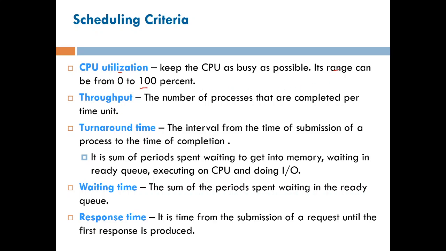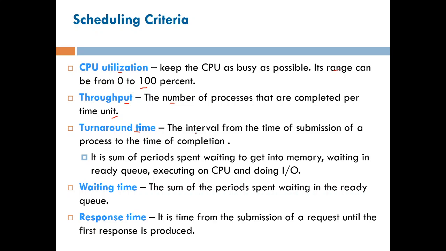In real systems, it should range from 40% for a lightly loaded system to 90% for a heavily loaded system. Another definition is throughput. It is the number of processes that are completed per unit time. For long processes, the rate may be one process per hour, but for short processes, it may be 10 processes per second.